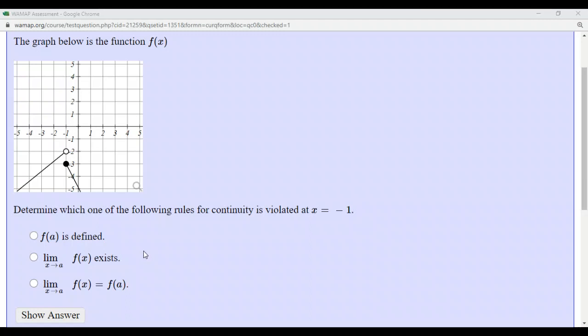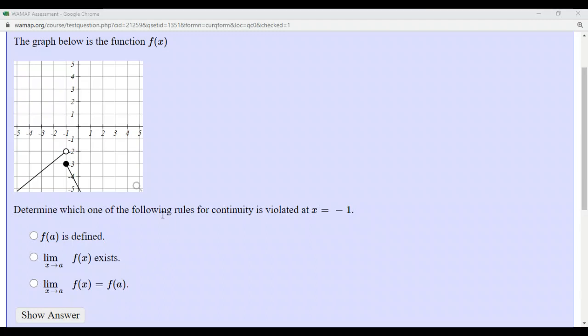We have proven earlier that it's a non-existent limit. But before I make my answer choice, think about it. The consequence of failing to have a limit is that, back in my definition of continuity, I call this rule number 3 for continuity. This rule number 3 also fails.